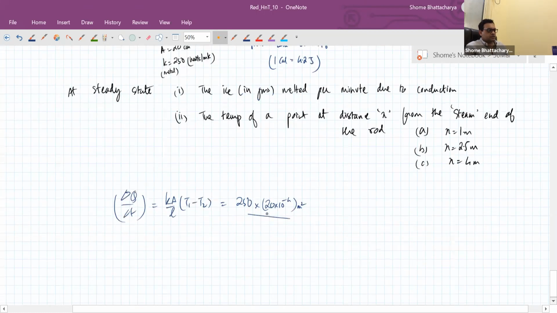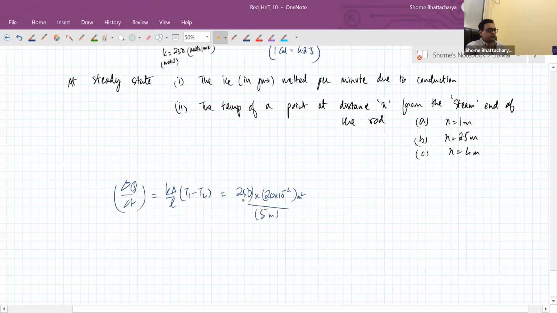And this was watts per meter Kelvin. So that's all right. Into the temperature difference, which is 100 in Kelvin. So this will give us delta Q by delta T, the whole thing, in watts or joule per second.